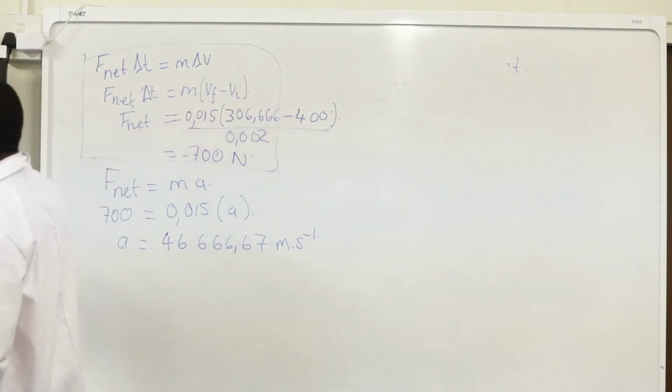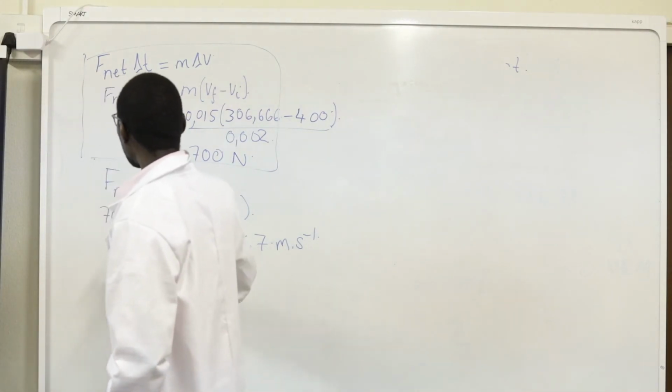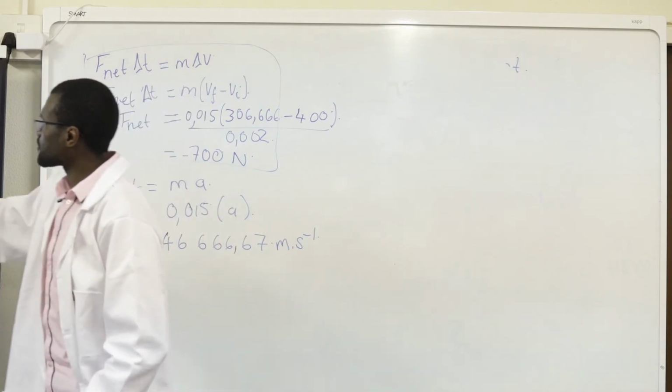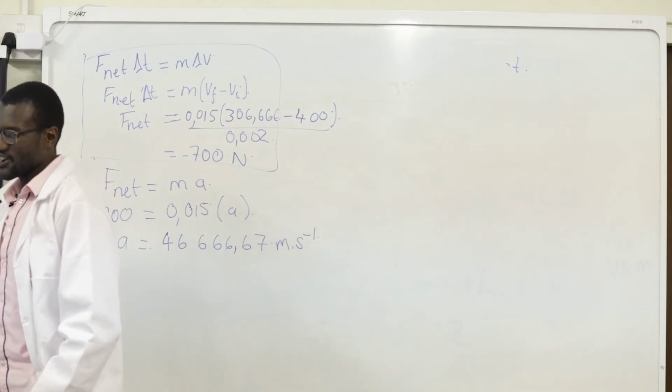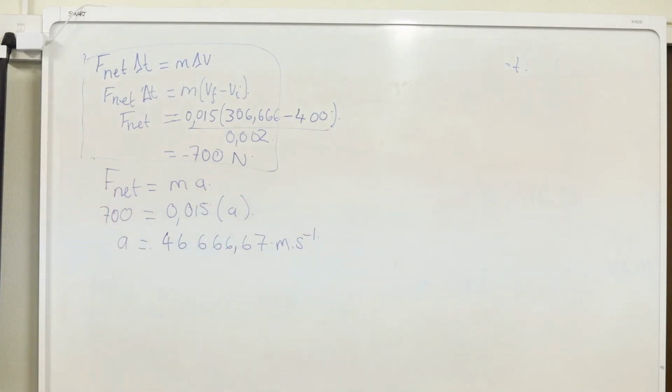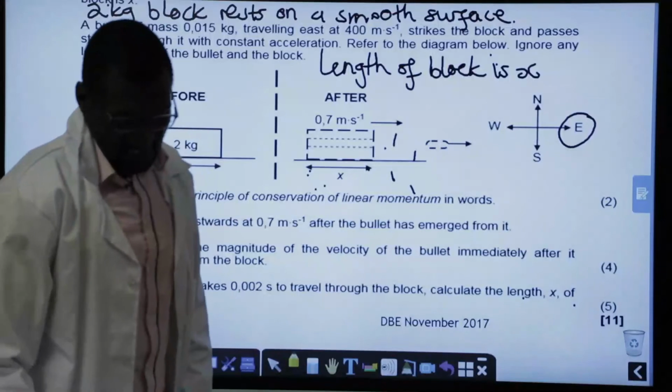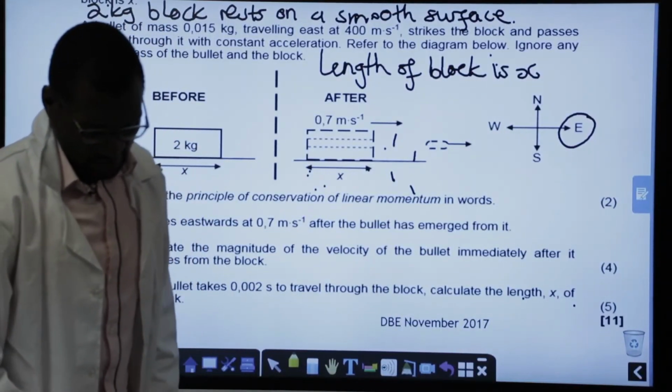You can either use F net of the bullets or F net of the block itself, because you got those values with you. All right, so that's an interesting way of doing it, right?